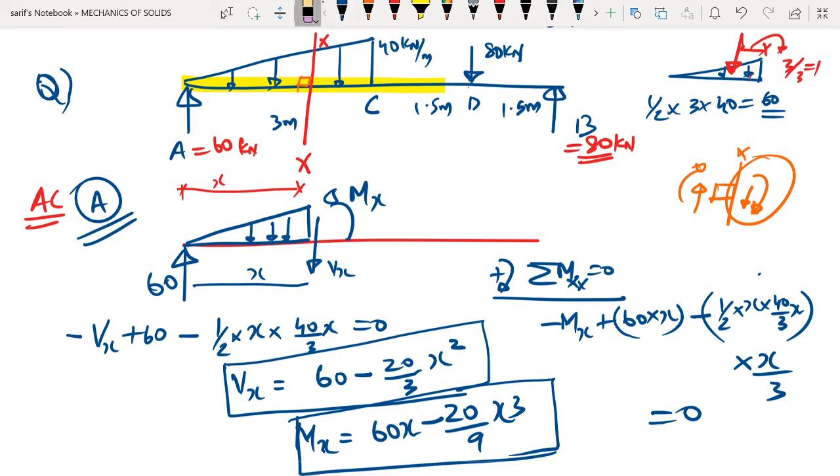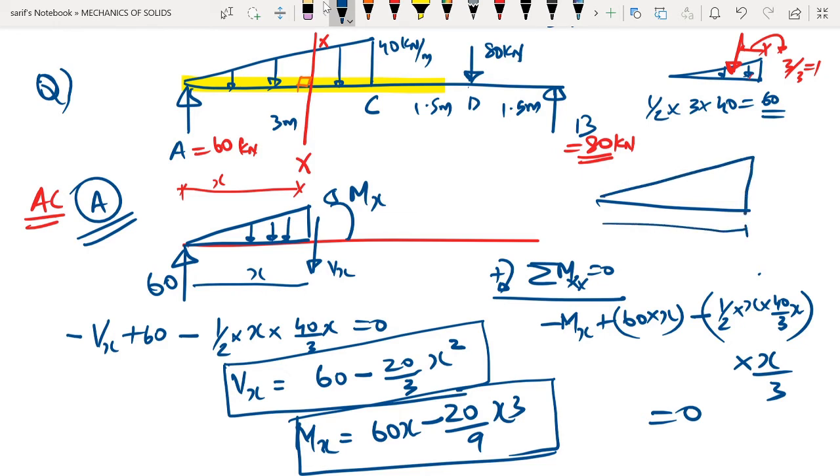Once again, probably the only confusion would be how we have taken the moment here. For example, if we are having a triangular loading here, the total distance is x, and we are taking moment about this particular point.